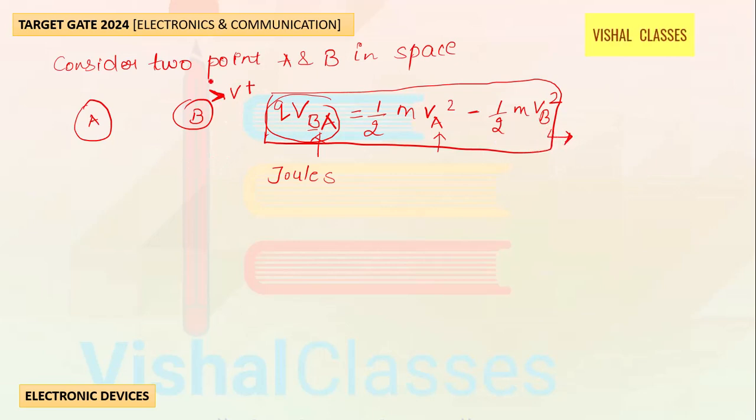I am considering two points A and B in space. These are not items, these are just points.